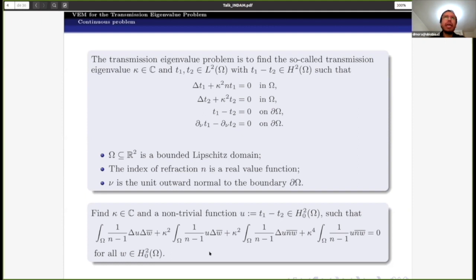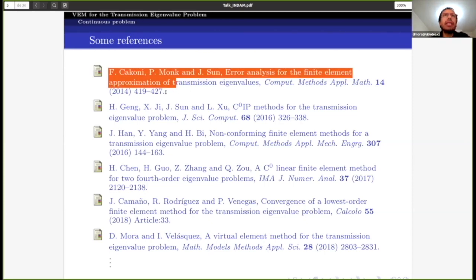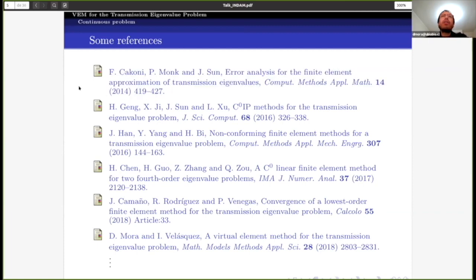So here are some references for numerical methods to solve this eigenvalue problem. For sure, the first one is the first analysis of the transmission eigenvalue problem, and they propose a C1 finite element method to solve a linearization, but using a different variable.